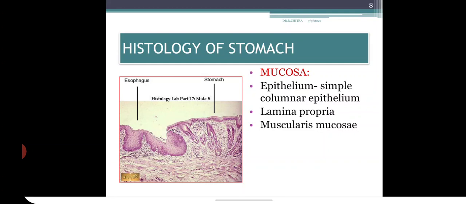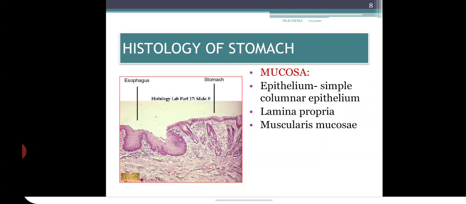You can see in the image the esophagus, which has non-keratinized stratified squamous epithelium, and the stomach starting with the simple columnar epithelium of the GIT. That's the squamo-columnar junction you can observe in this histological image.